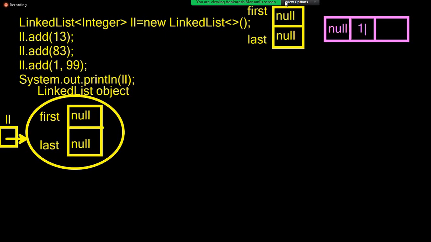Then the next node address. There is no next node, as this is the last node, so null. Now what will happen? It is the only first node and the only last node, so this node's address is placed here, and here also. So first place holds the first node address, last place holds the last node address. Like this stored. Now what will happen?